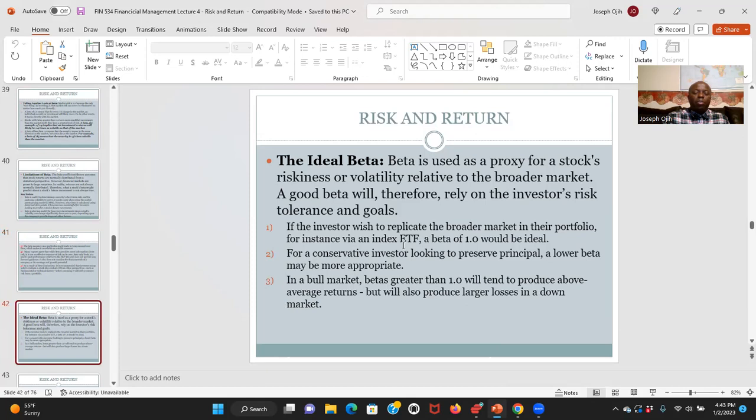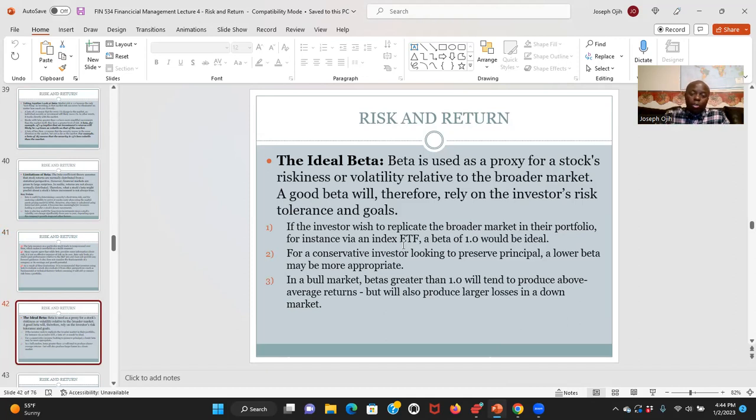So the question now becomes, what would be the ideal beta? Well, it depends on the investor's risk tolerance level and the investor's goal. So it depends on the ability of the investor to tolerate risk, which is called the risk tolerance level, and also their goal.